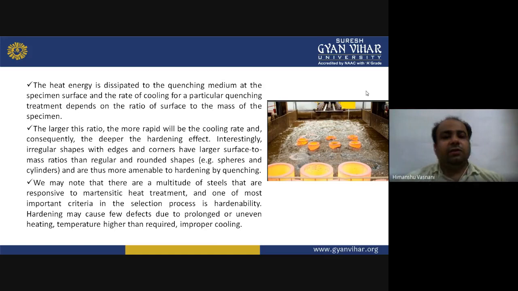Now there are a multitude of steels that are responsive to martensitic heat treatment, and one of the most important criteria in the selection process is hardenability. We have studied hardenability in our previous lecture. Hardening may cause a few defects due to prolonged or uneven heating, temperature higher than required, and improper cooling.